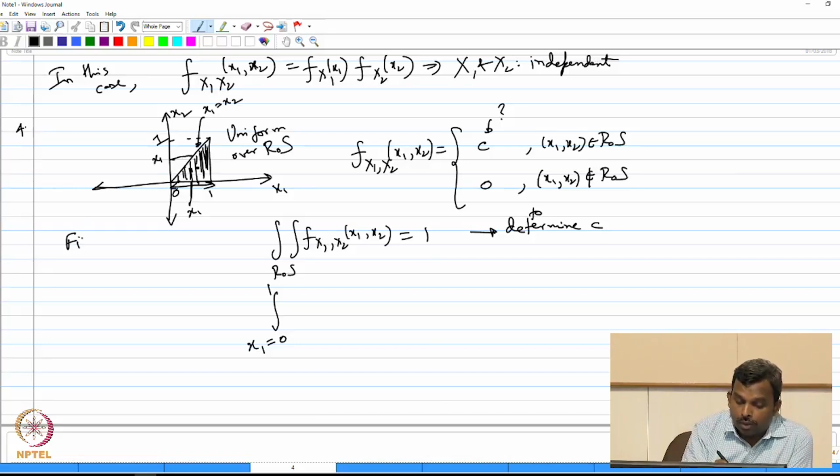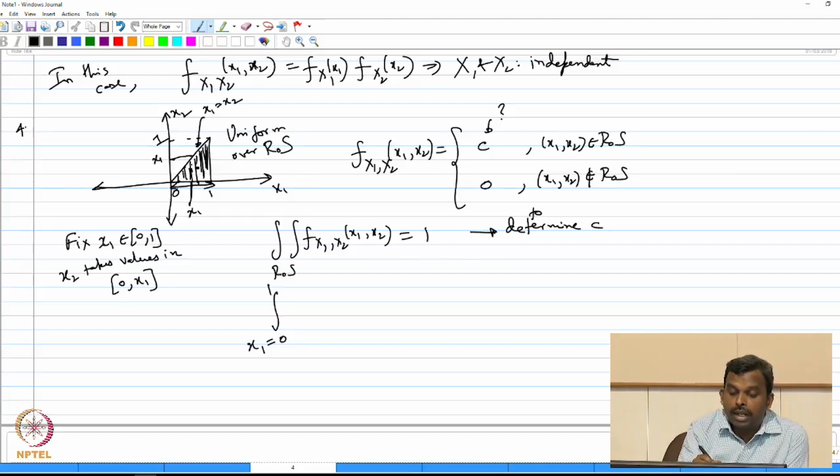If we fix x1 in the range 0 to 1, x2 takes values in 0 to x1. Once I fix x1, x2 can take values only from 0 to x1. It cannot go outside of that. That's the constraint of this region. As opposed to a square, we have only a triangle. So once I fix an x1, x2 can go only from 0 to x1.